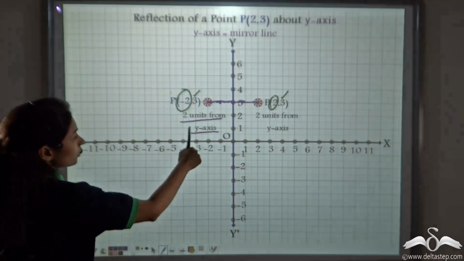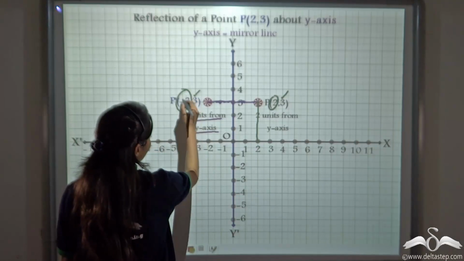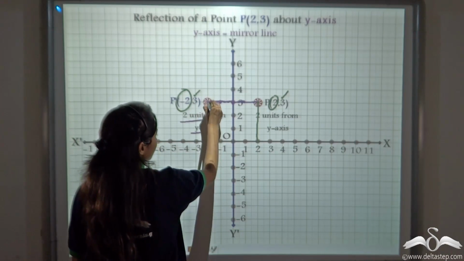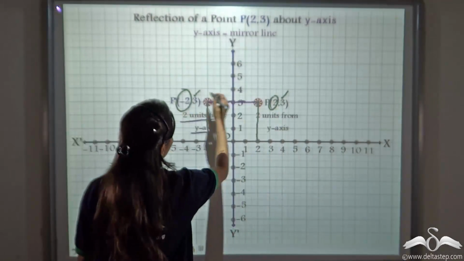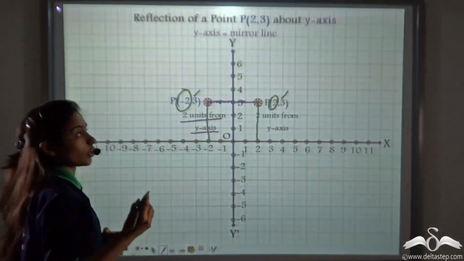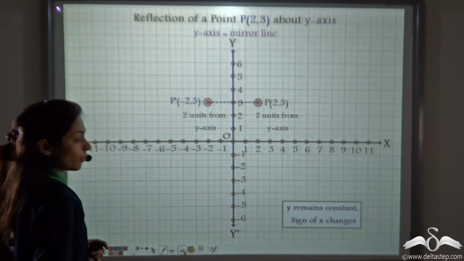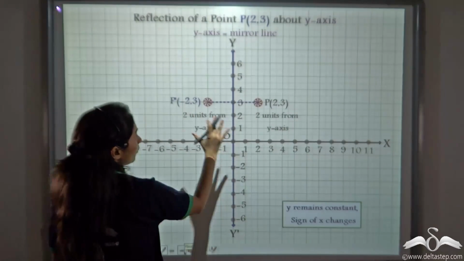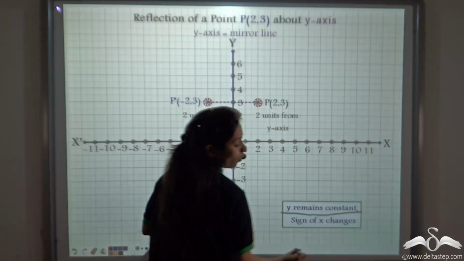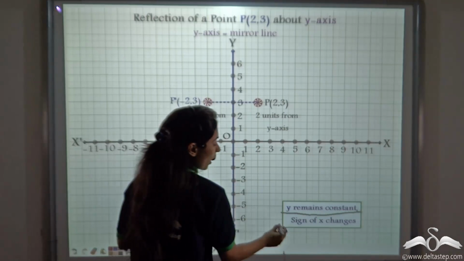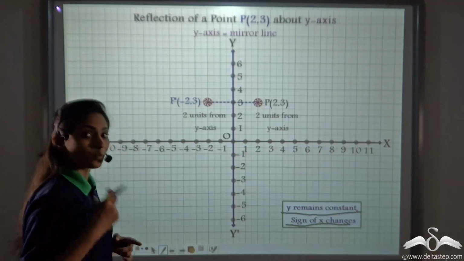Here we have 2, and here we have minus 2. So the sign of the x coordinate changes whenever we reflect a point on the y-axis. So remember, whenever you reflect a point about the y-axis, the y coordinate will always remain constant while we change the sign of x. The number will be the same, only the sign will change.